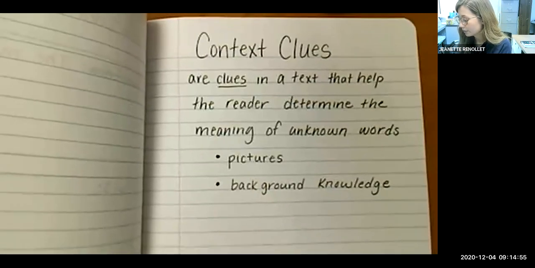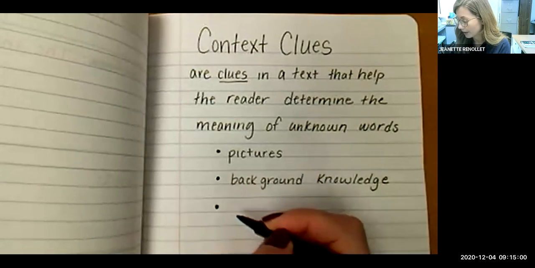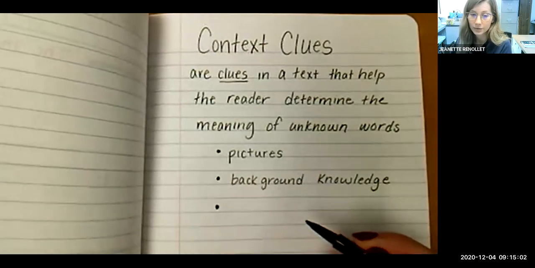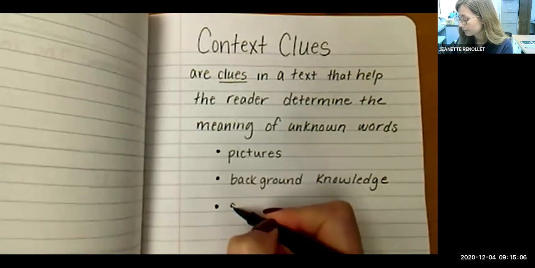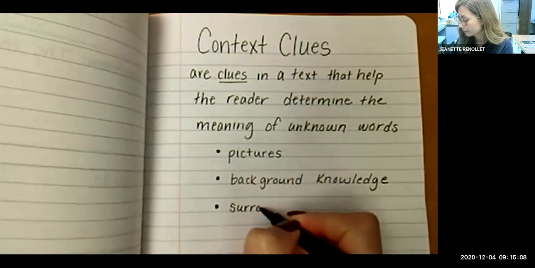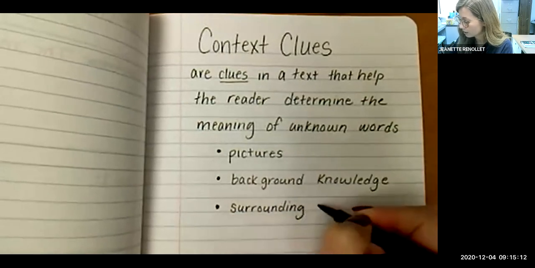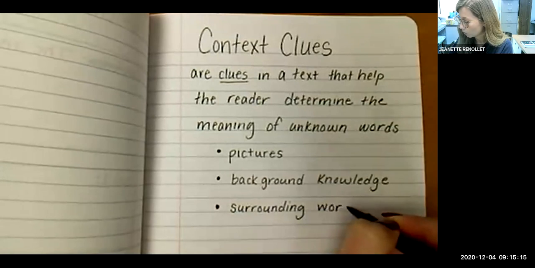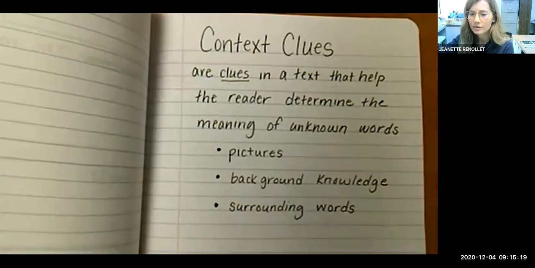The third type of clue, and the most important type of clue that we use, surrounding words. Surrounding words.